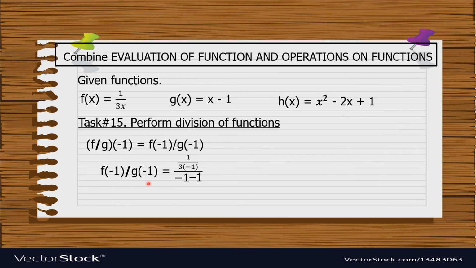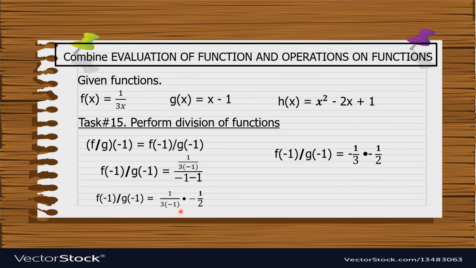So our denominator now is g of negative 1. So we will use this function. So we evaluate this function at negative 1. So directly, g of negative 1 is equivalent to negative 1 minus positive 1. And to operate this kind of problem, dividing fraction, so we copy the numerator, then get the reciprocal of the denominator, and then proceed with the multiplication.